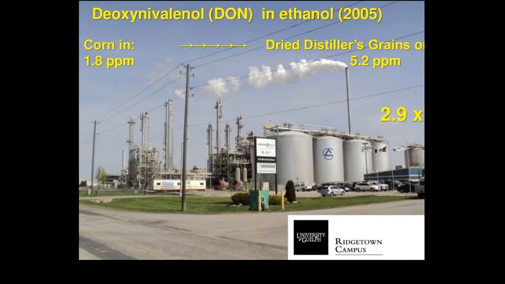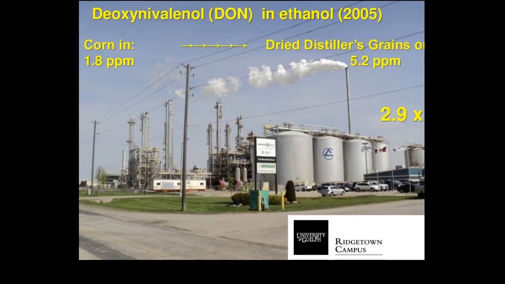And we did some work a number of years ago already, long before we started having big problems with DON in the ethanol industry. And we tested corn going into the process at on average of 1.8 parts per million in the year 2005. And then we tested what was in the dried distillers grains, and it came out at 5.2 parts per million. And this is about a 3-fold magnification.